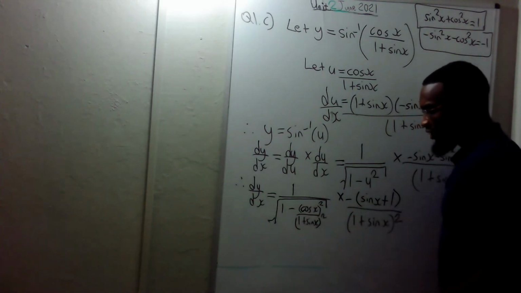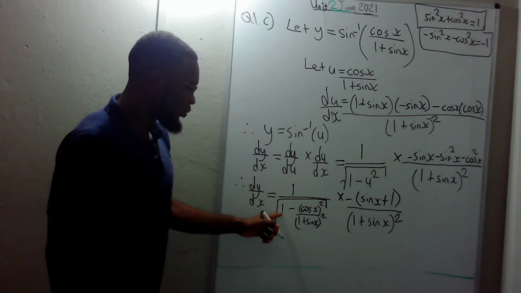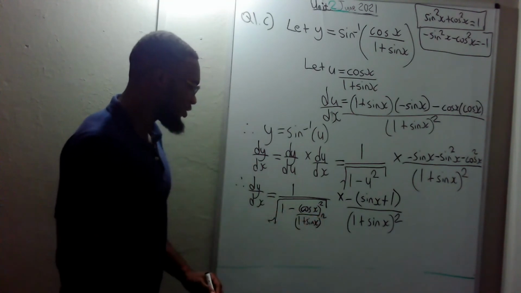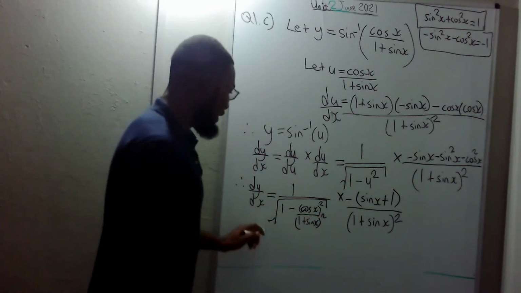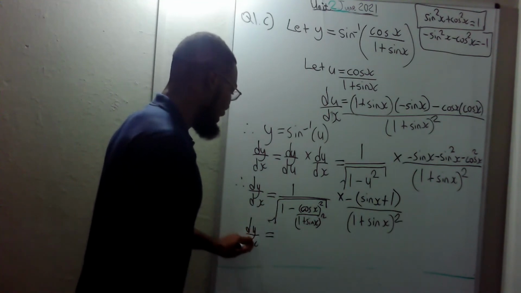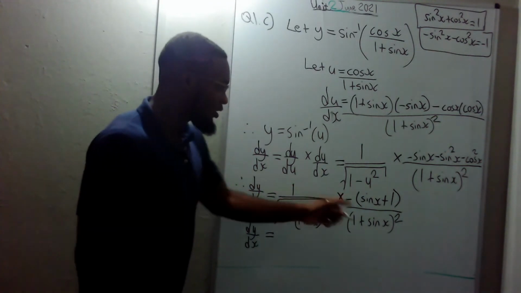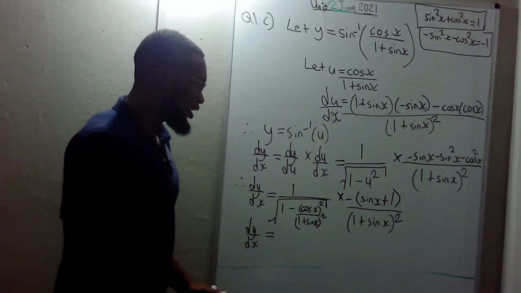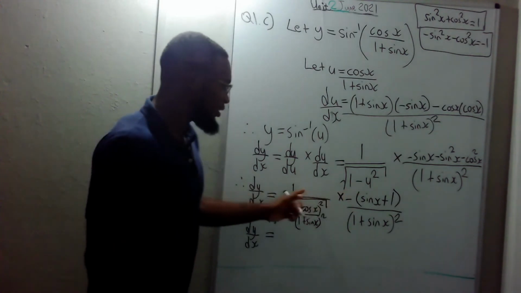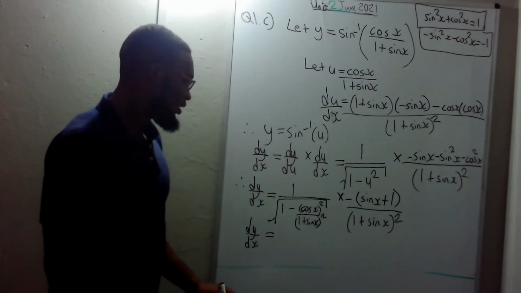Now to simplify this part, as we say, we're going to change this 1 here to 1 plus sin x all squared. Why are we going to do that? If we do that, dy by dx is equal to, multiply the two numerators across, because we want to write it as one fraction. Look how beautiful it's going to become.